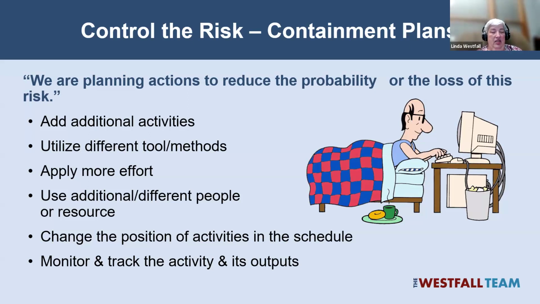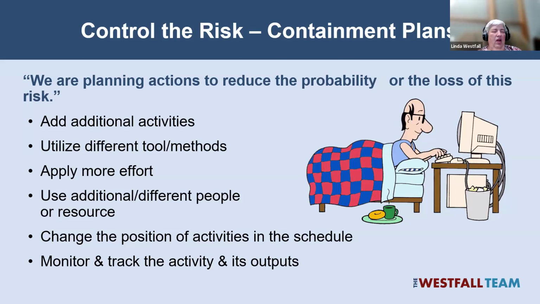We can change the position of the activity in the schedule. We can move the activity forward, so if the risk turns into a problem, you got more time to manage that problem and put your contingency plans in place. However, we can also move it later in the life cycle, if possible.